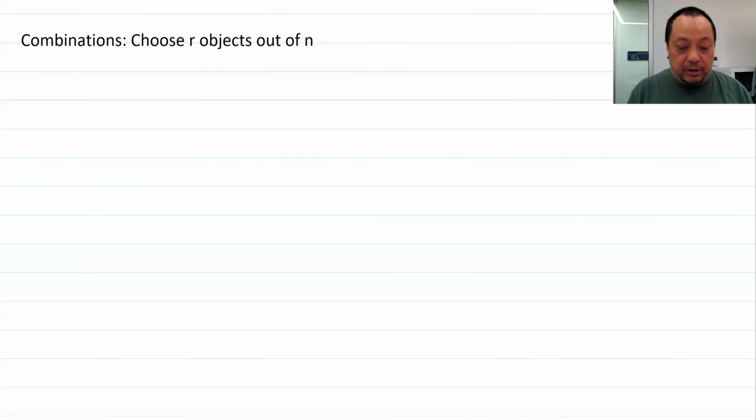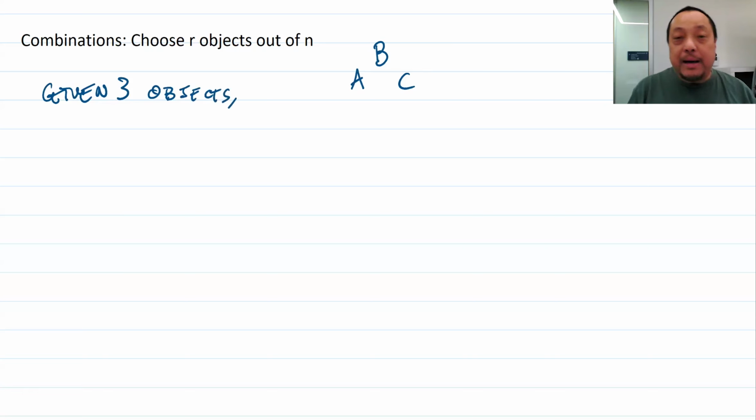Combinations, choosing all objects out of n. Let's say I have 3 objects, A, B, and C. I'm asking you to pick 2 of them.